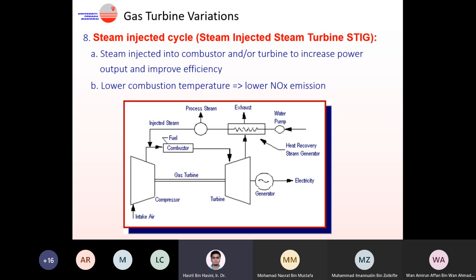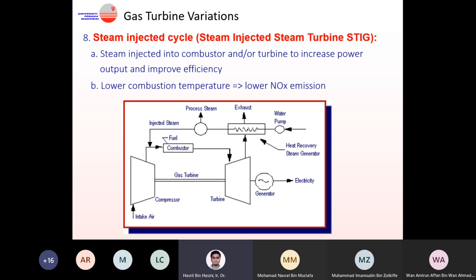At the same time, when you have temperature drop, you are actually reducing the temperature here, and generally density will be increased, and therefore you are promoting more air to be injected into the combustion chamber. That's why it says that by doing that, you can actually increase the overall efficiency of the gas turbine.